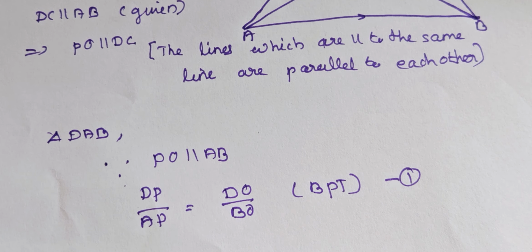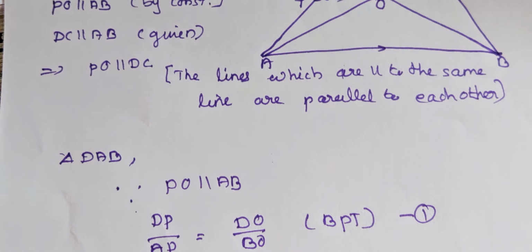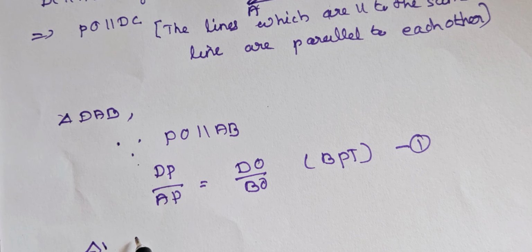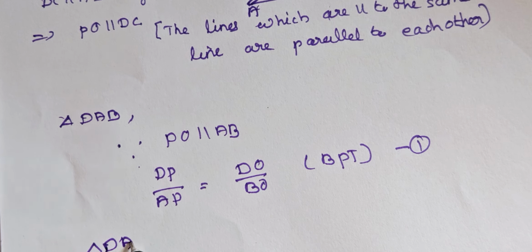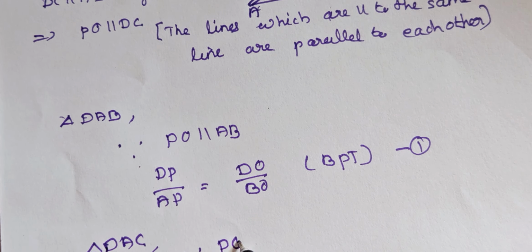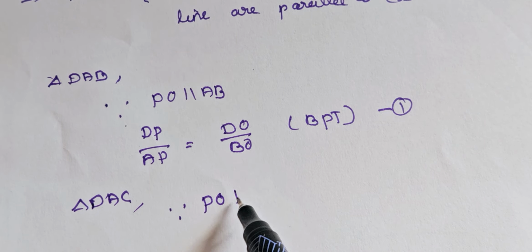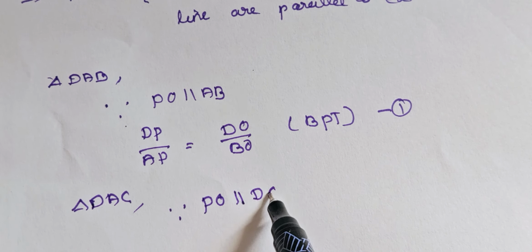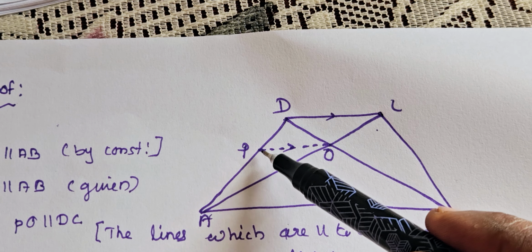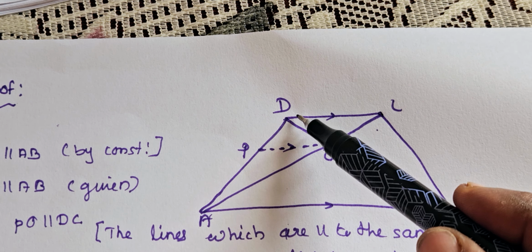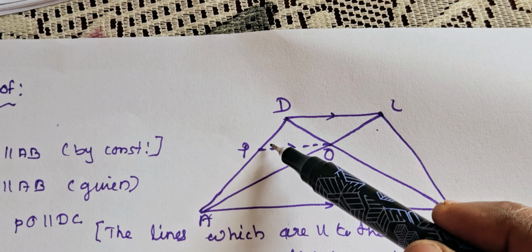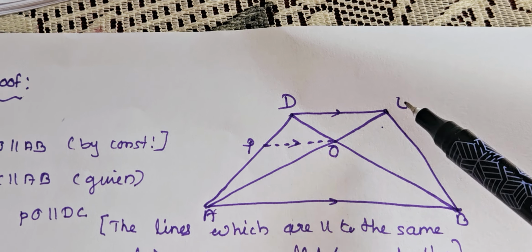Second, take triangle DAC. In triangle DAC, since we proved that PO is parallel to DC, we get AP by DP equal to OA by OC.